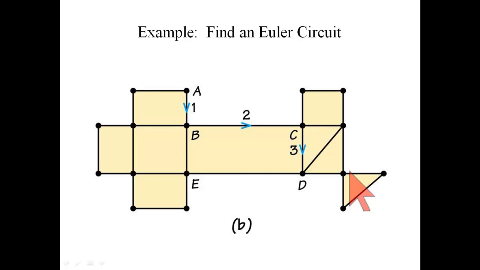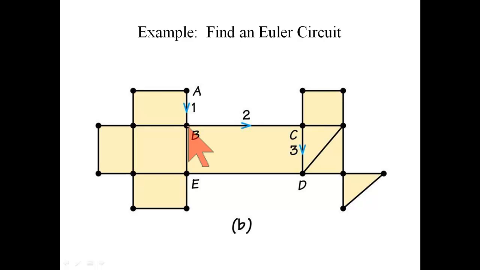So those are both even numbers, and so this graph does have an Euler circuit. Then let's just say we want to start at vertex A. Are any of the edges of the graph bridges? No. So from vertex A, I can pick any edge that I want to go along, and suppose I pick edge number 1 and go to vertex B.